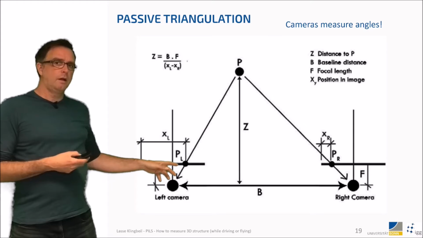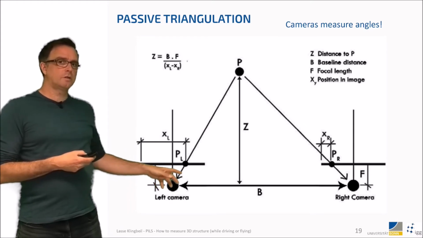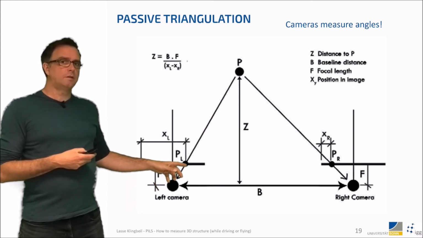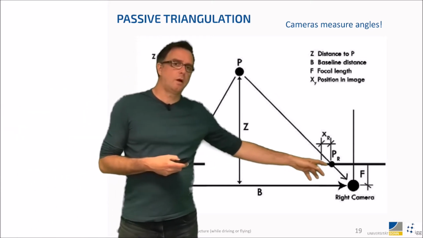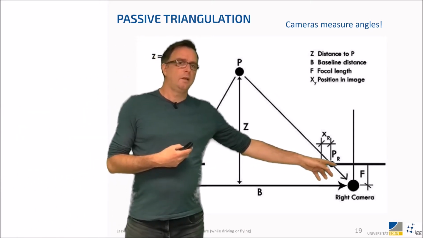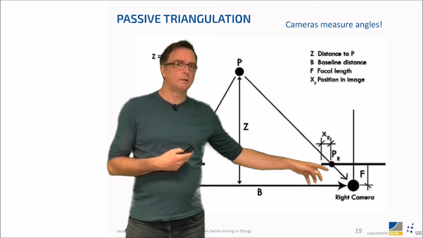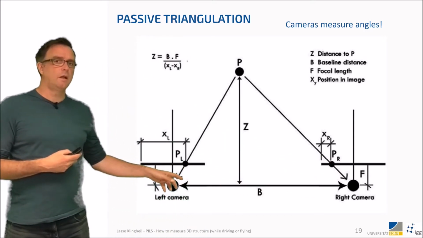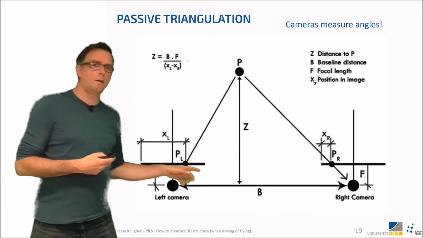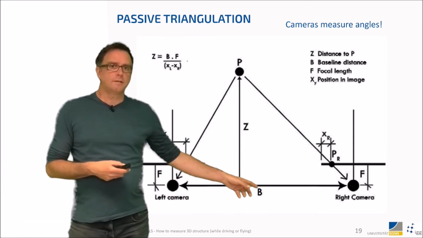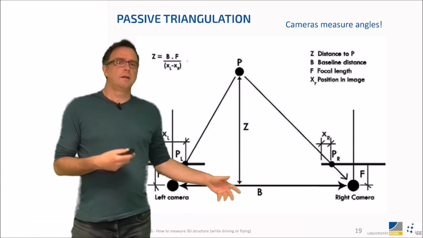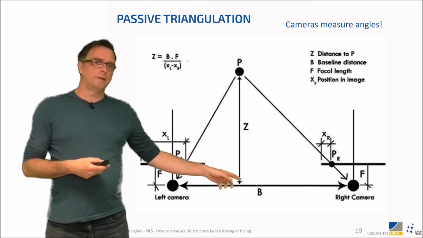Here is one camera which sees that object point in some pixel, and there's another camera which sees it in another pixel, and using these cameras we can determine this angle, and we can also determine this angle. And if you know the distance between the two cameras, which is called the baseline distance, then you can calculate this distance.